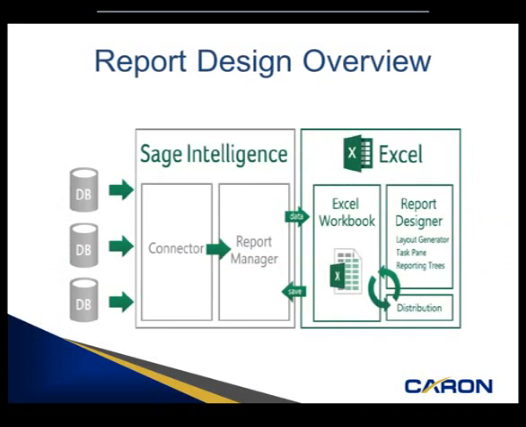We looked at a sort of picture diagram of how the Intelligence is designed, and we talked about the connector last week, especially in regard to non-financial reports. We said we can pull data from different databases. For example, you can create a report from Sage 300 and CRM and combine it. For example, I might look at a customer.